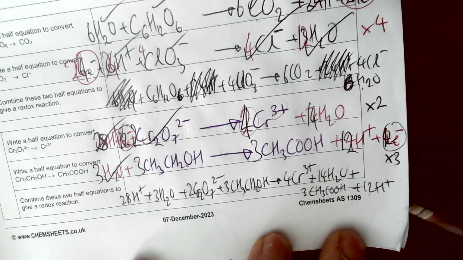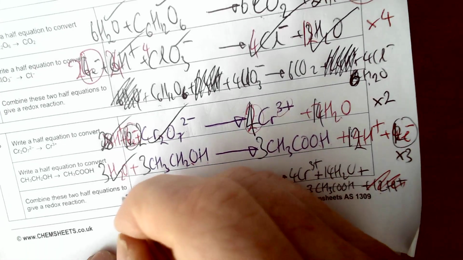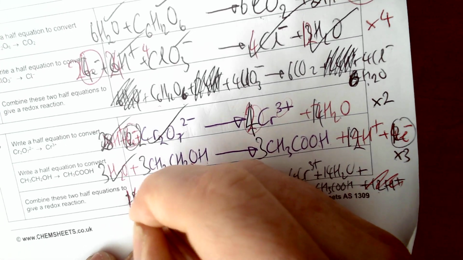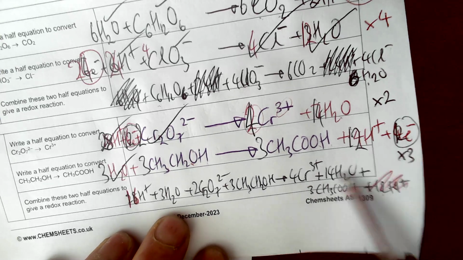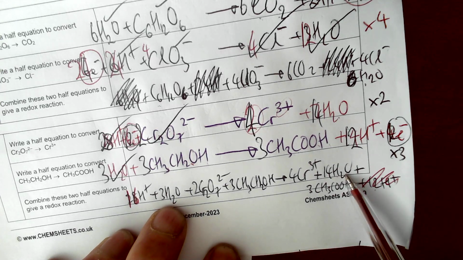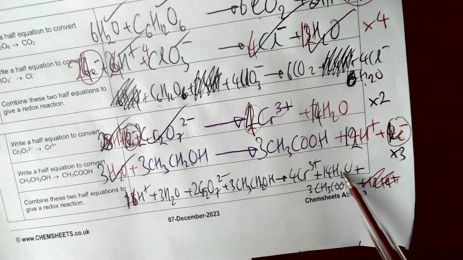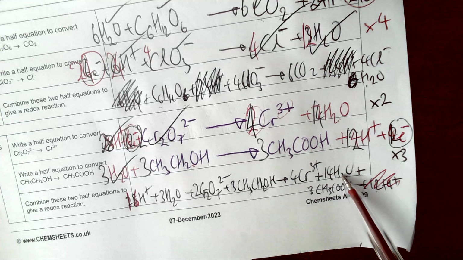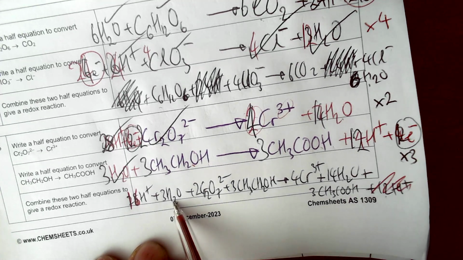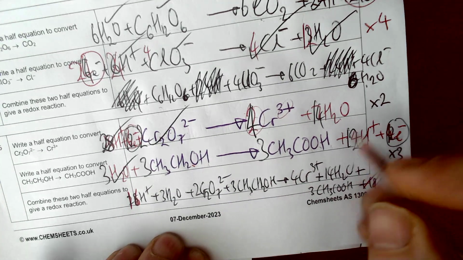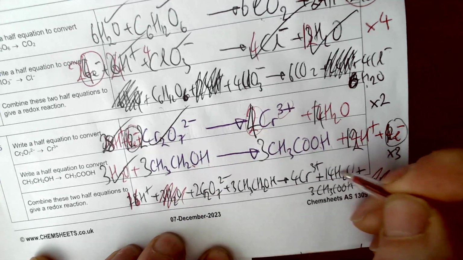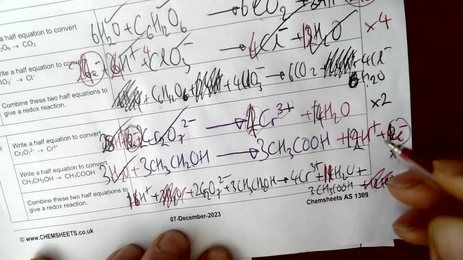Let's cancel out the H pluses. 12 on this side, 28 on this side, so that leaves 16 H pluses. Waters, 14 H2Os and 3 H2Os, so that's going to be 11 H2Os, which is peculiar to me.